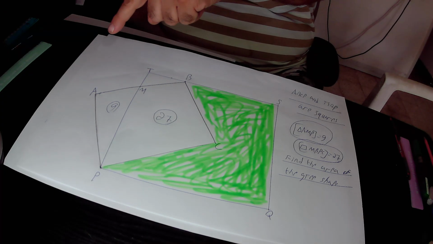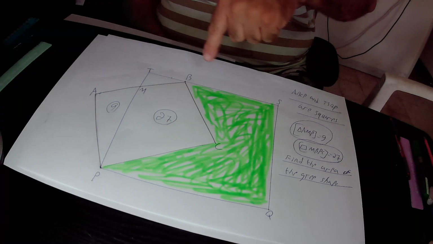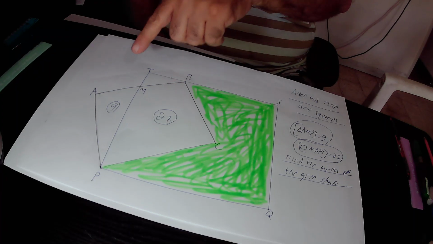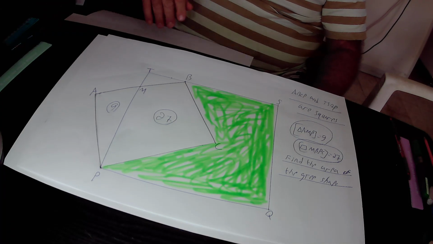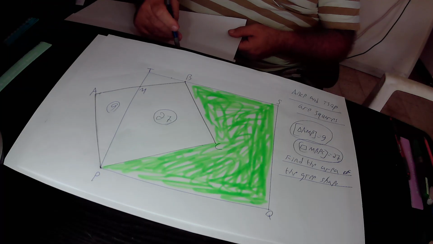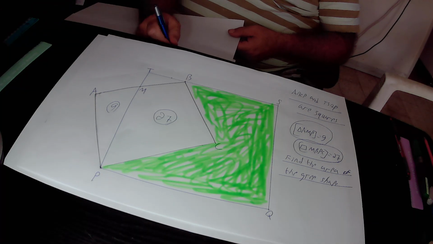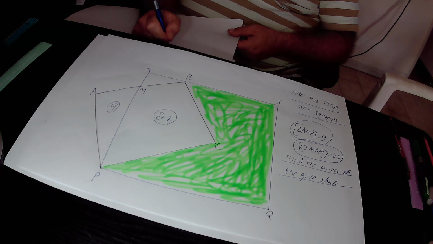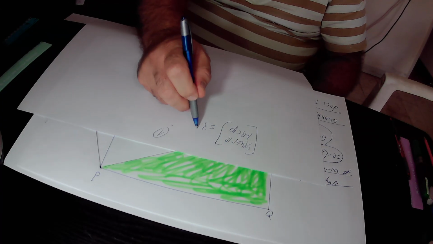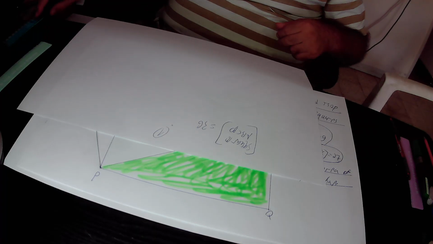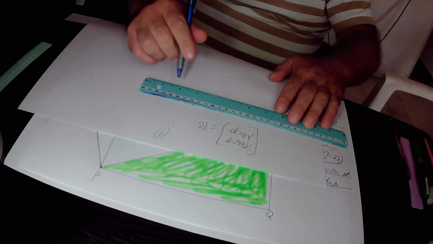So in total, the area of the small square ABCP is 27 plus 9, that is 36 square inches.